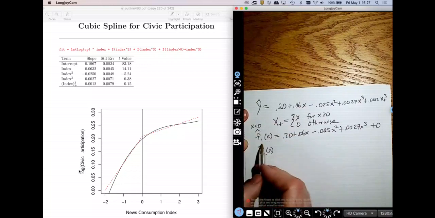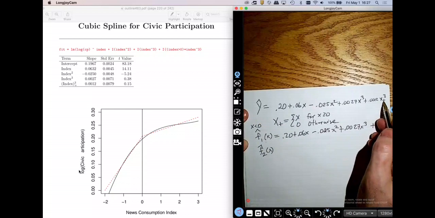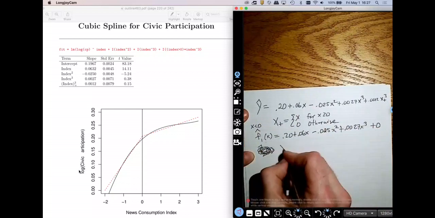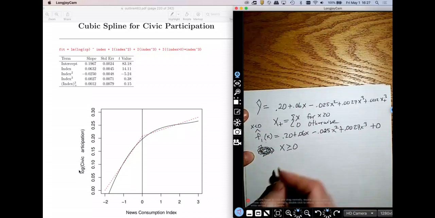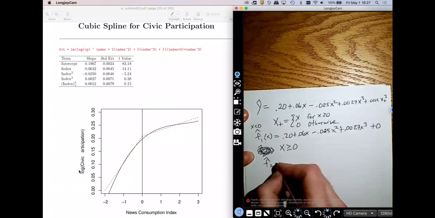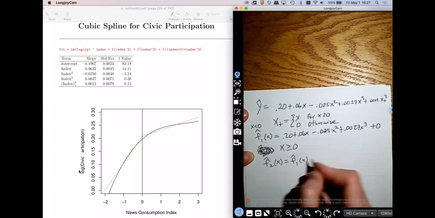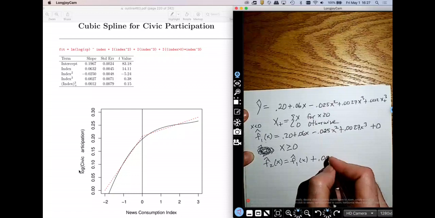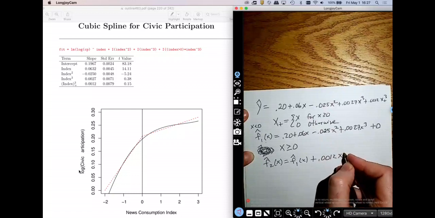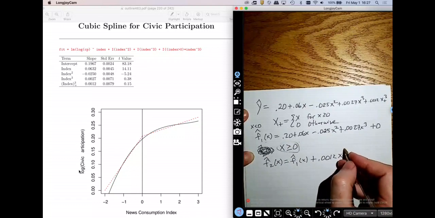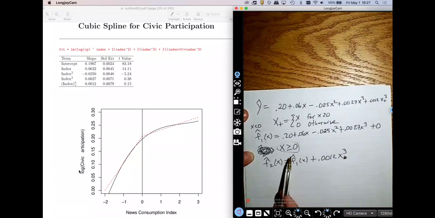So for x less than 0, that last term goes to 0. Let's do f hat 2. For x greater than or equal to 0, f hat 2 at x is really just f hat 1 at x plus the last term, 0.0012 x cubed. We don't need the plus anymore because we've assumed that x is positive, so we just drop it.